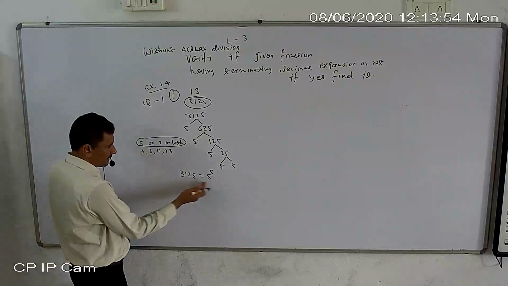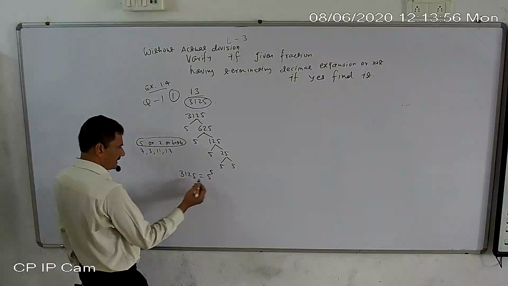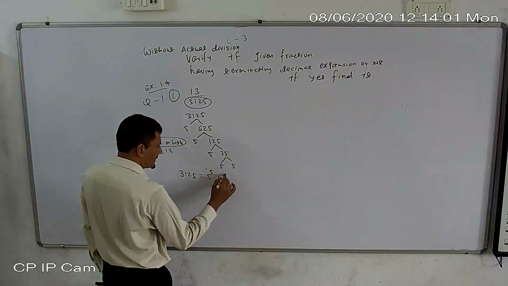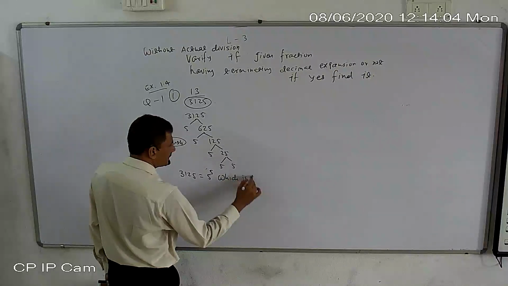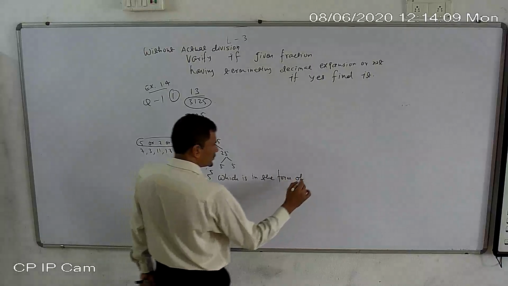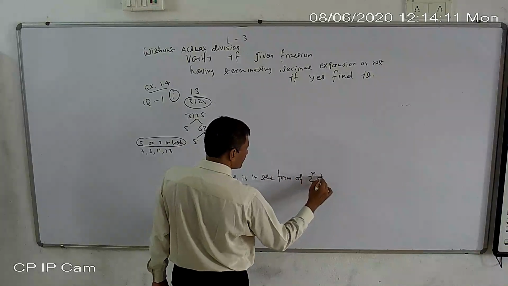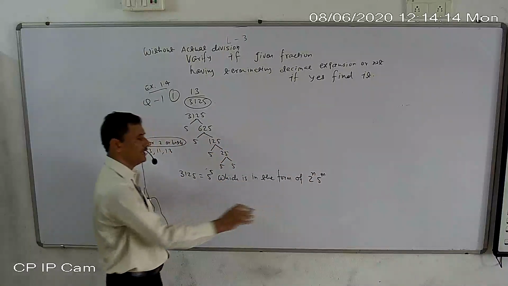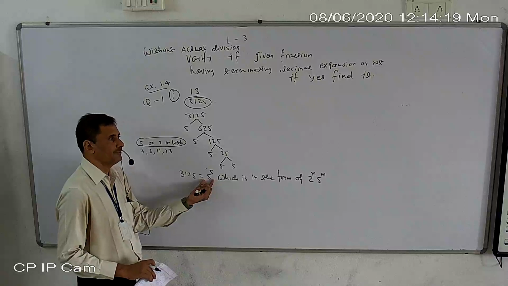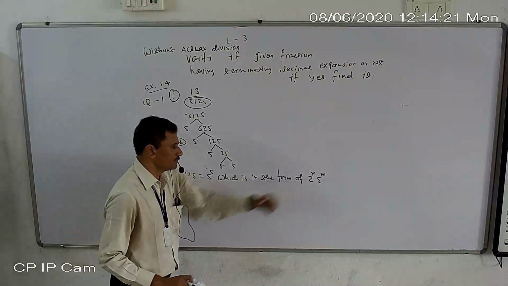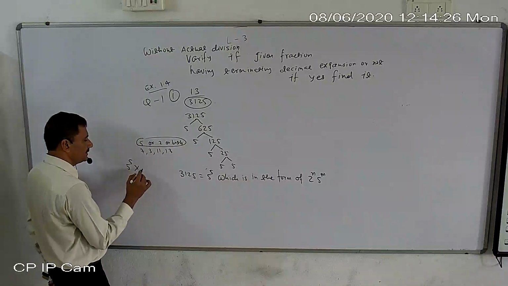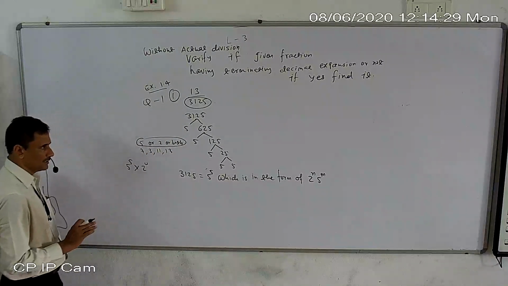Now here it is terminating, so you have to give some mathematical reasoning also. This prime factorization is in the form of 2 raised to m, 5 raised to n. Means the base is from 2 and 5 only. You might be confused about where 2 came from. Actually 2 is not there, but you can write it this way: 5 raised to 5 into 2 raised to 0.